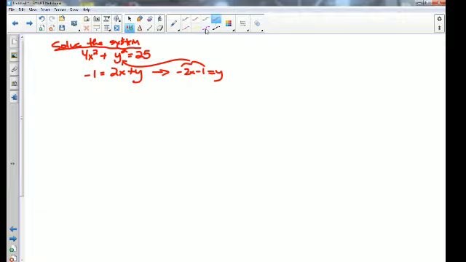Right, so we end up with that. So that's substitution. How do I solve that? It equals 25.